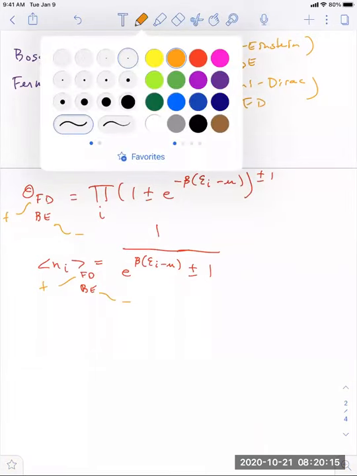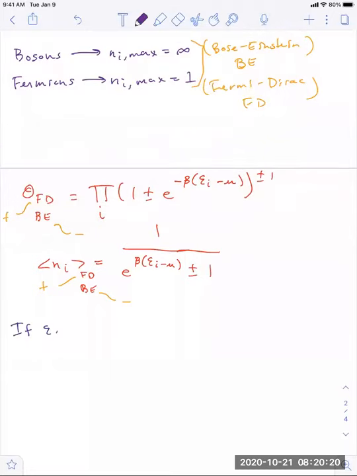All right, so let's look at some of the limiting cases. If the energy of the level we're interested in is much larger than the chemical potential, then thinking about the average occupation of that state with this large energy, for bosons the average occupation goes to just the Boltzmann factor.